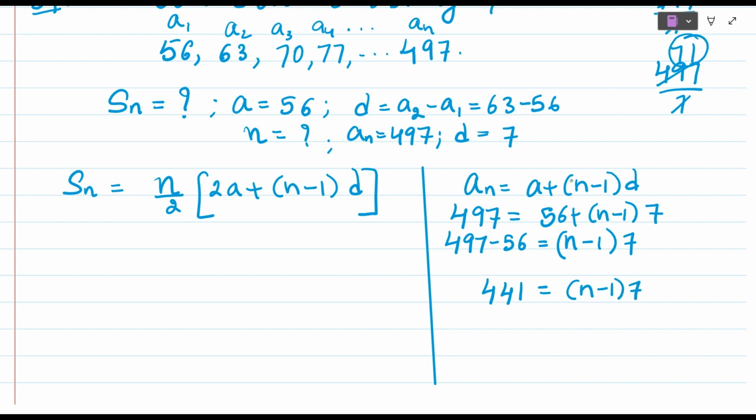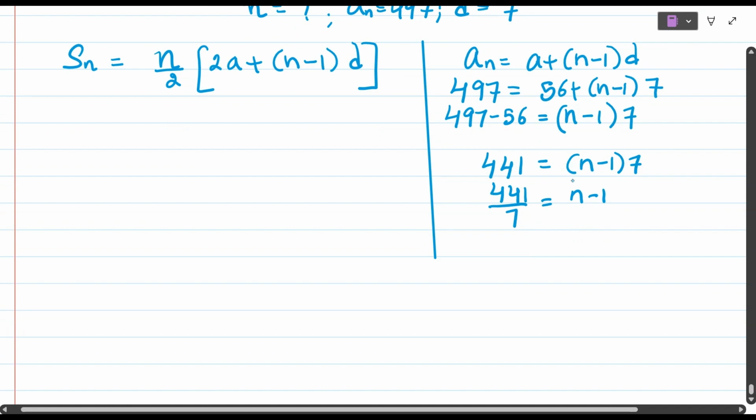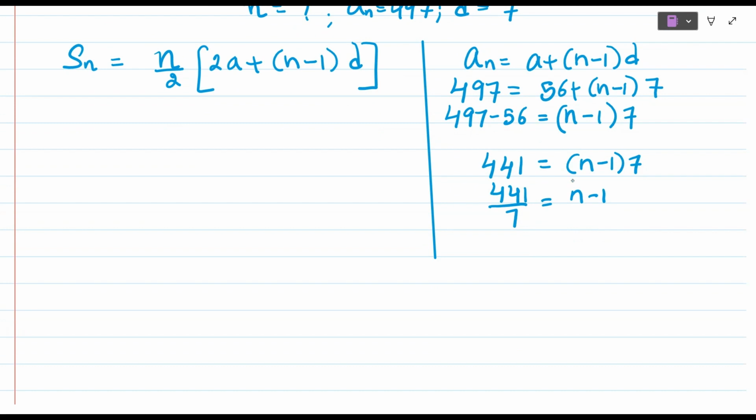Transposing the 7 to this side, 441 divided by 7 will be equal to n minus 1. 441 divided by 7, how much? 7 sixes are 42, difference 2 1, 7 threes are 21, so 63 is equal to n minus 1. Solve for n, students. So n is equal to 64.